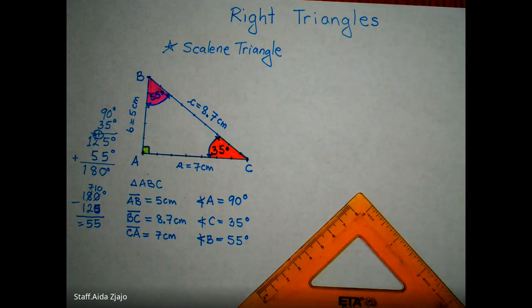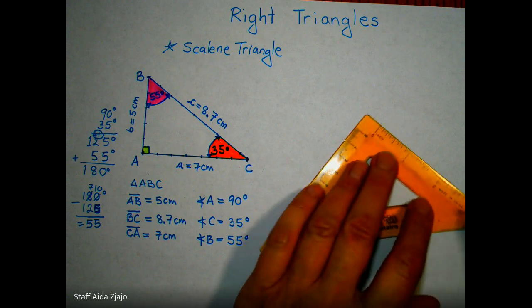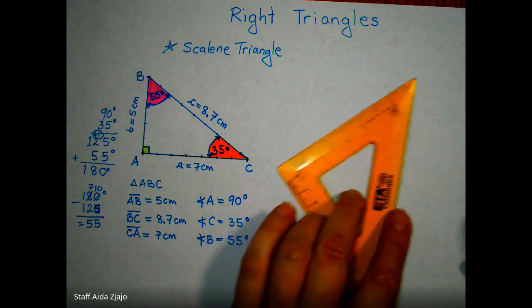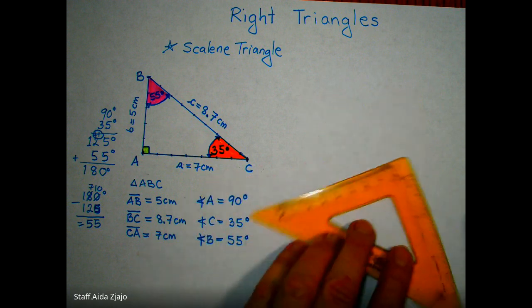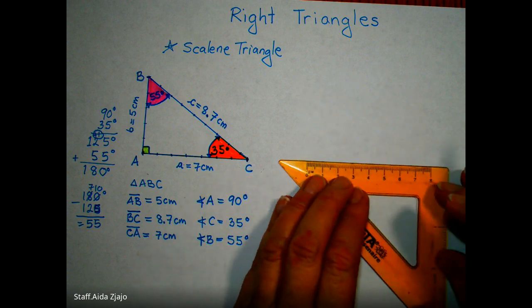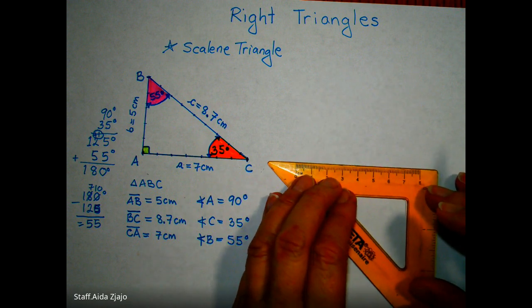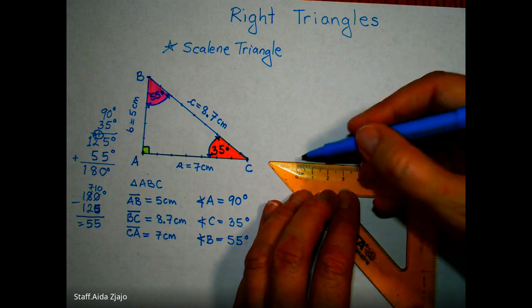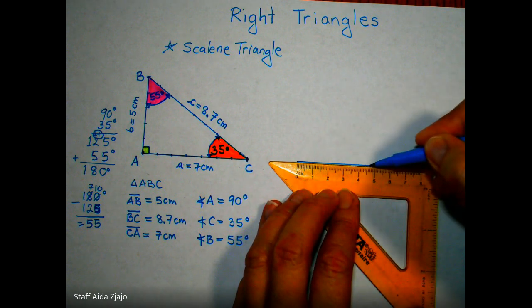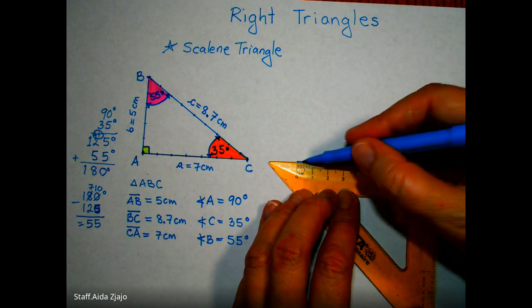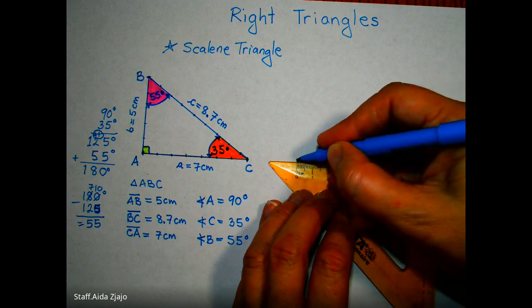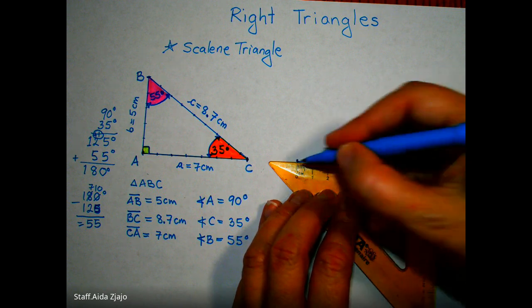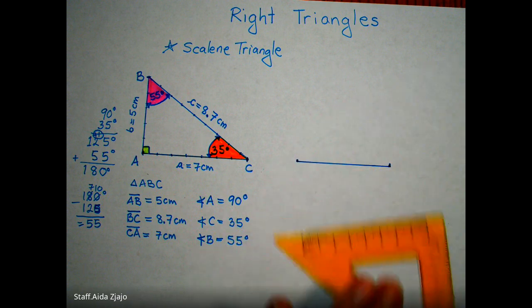Now we're going to construct a right triangle where two sides are the same. So let's have maybe 6 centimeters, one line. If this is 6 centimeters, I want the other side to be also 6 centimeters, but it will be a right angle.